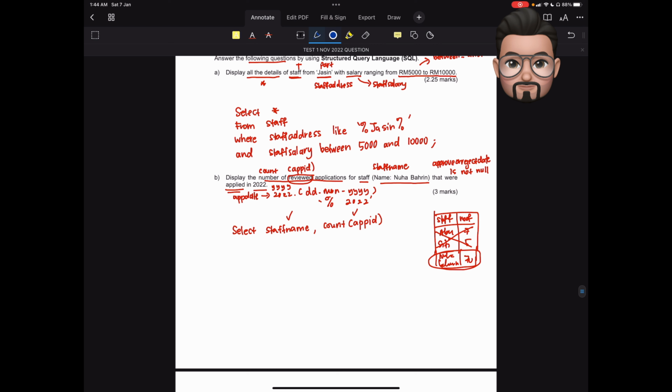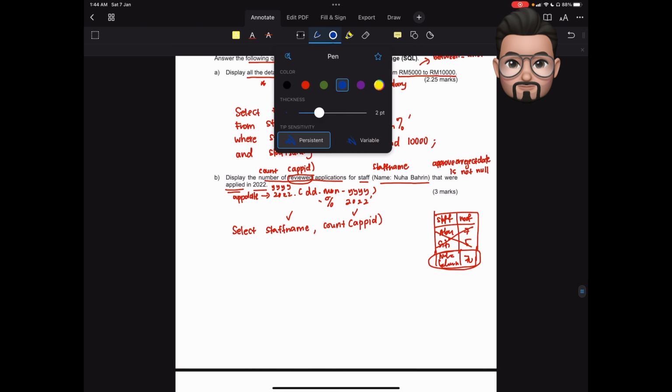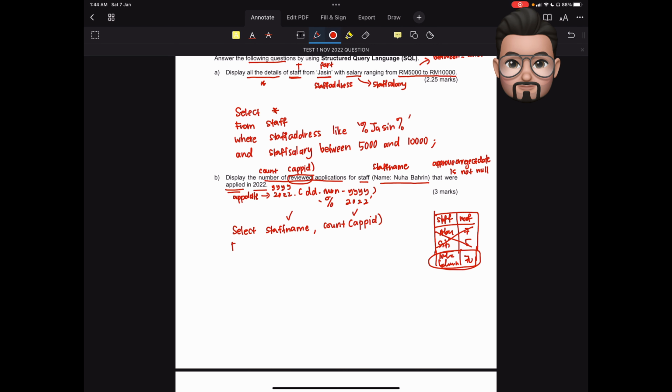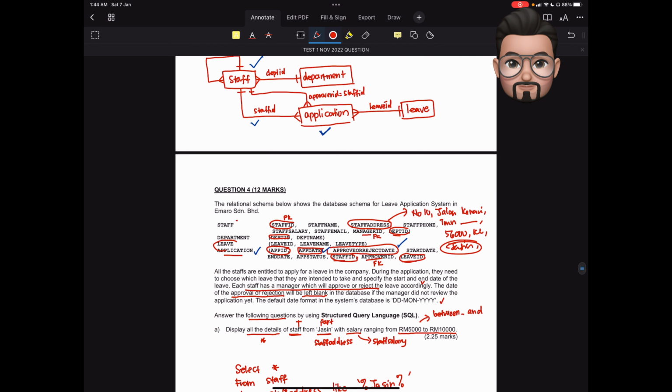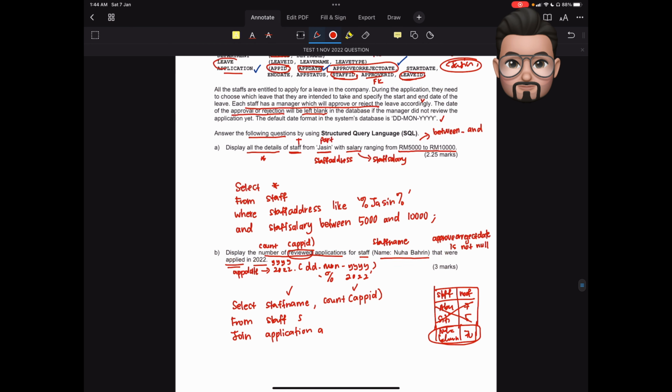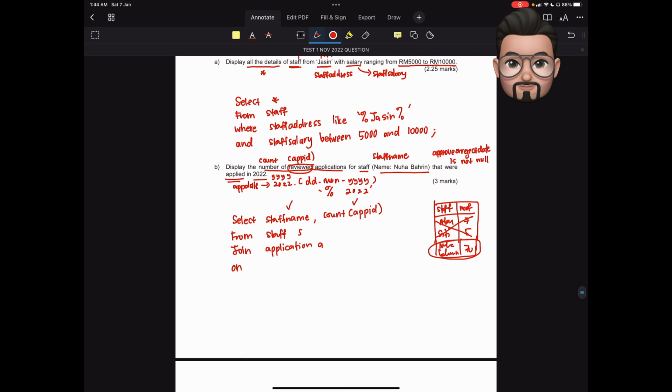Okay. So now where is it coming from? The first one is coming from staff, as staff needs to be joined with application. I put as A. Because we want these two, staff and application, on what? On staff ID over here. So means on what? S dot staff ID equals to A dot staff ID.